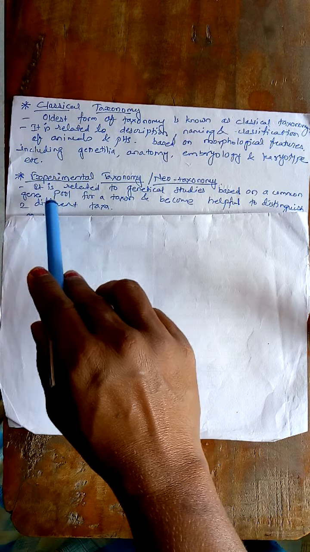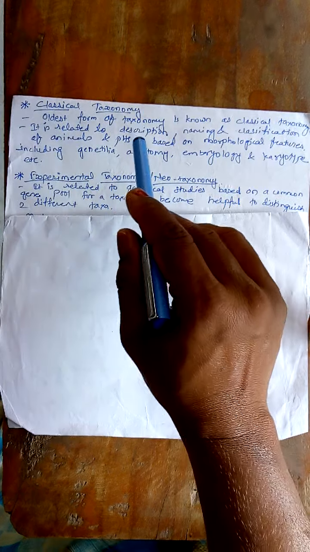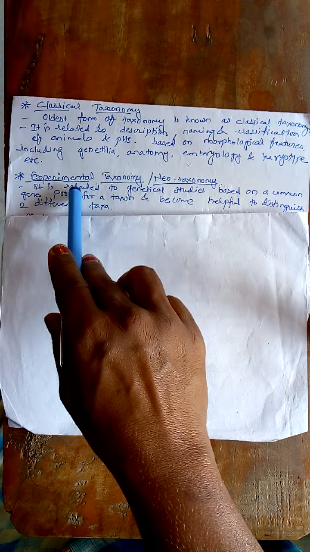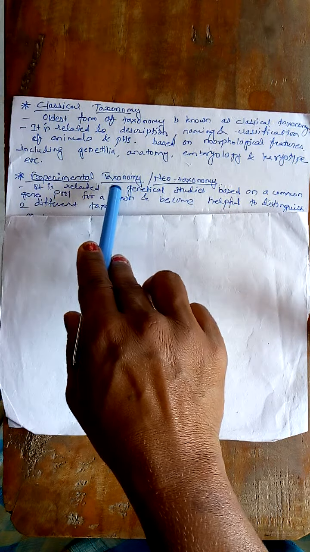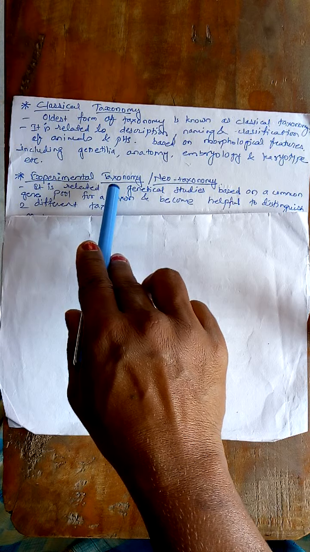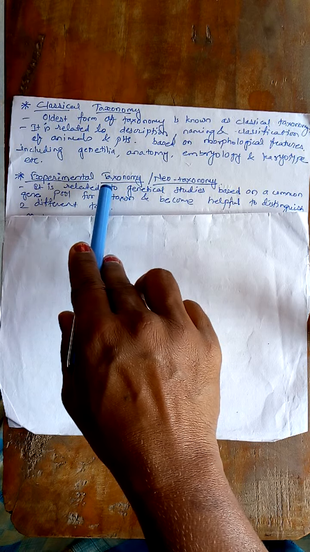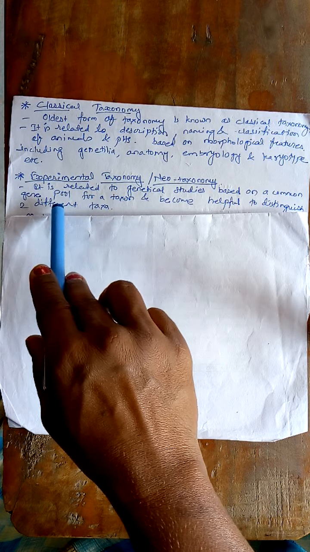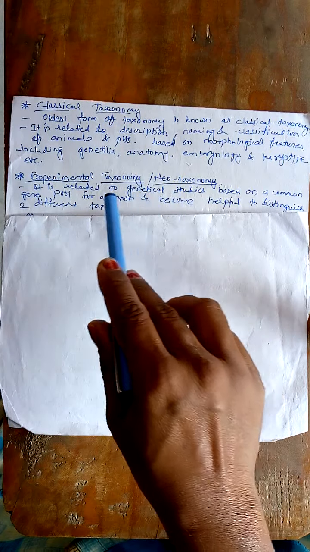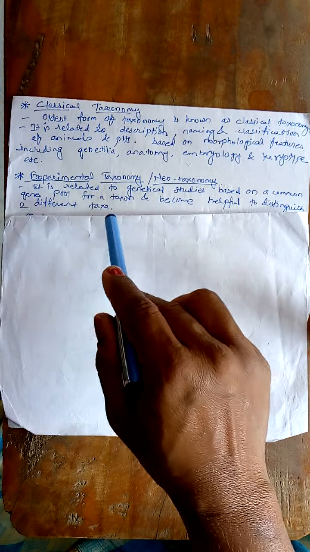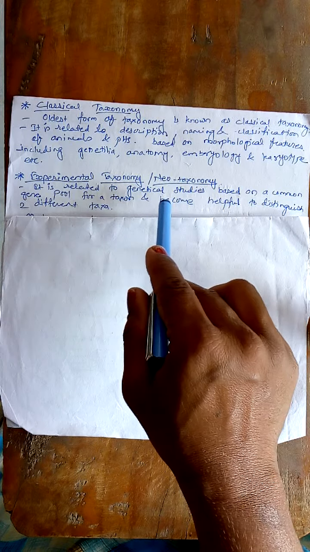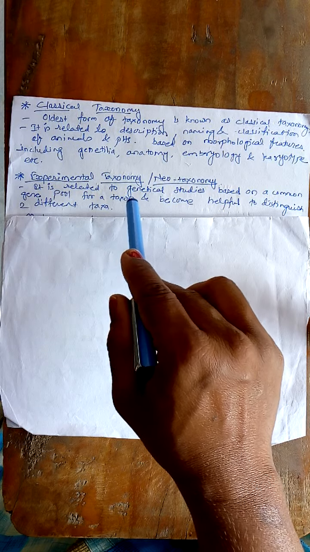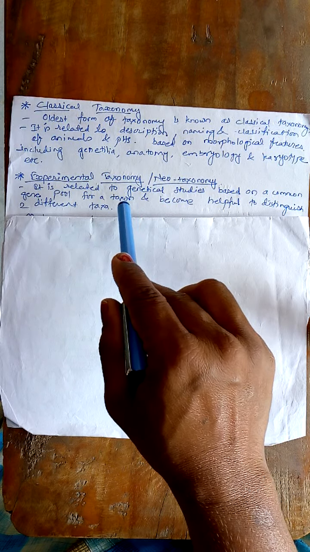In classical taxonomy, we are only dependent on morphological features. But in experimental taxonomy, we are not only dependent on morphological characters, in addition we study the gene pool also. And depending on the gene pool, we classify two different taxa. Because though animals look alike, when we study their gene pool it is quite possible that they are different from each other.